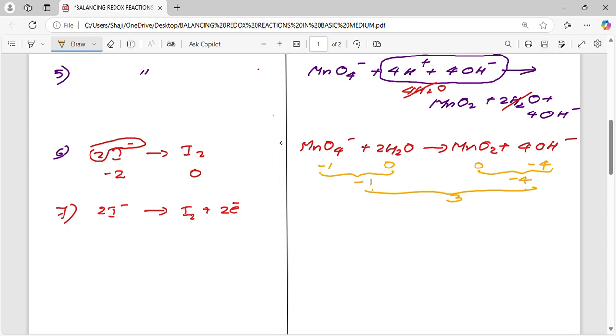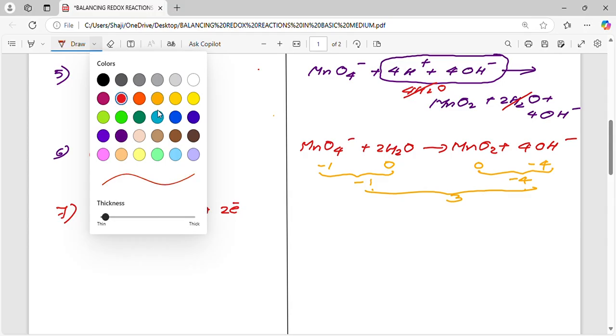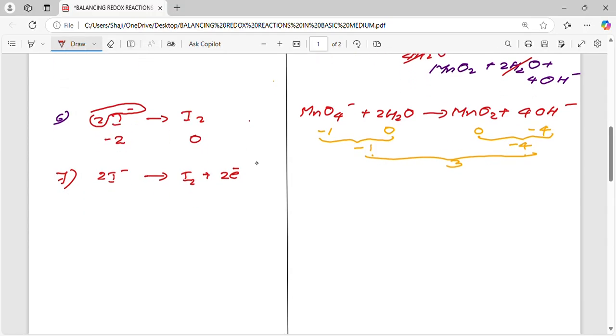To where we need to add electrons? To where there is less negative charge. Less negative charge is there in the left side, because 1 minus only in the left side. If you are adding 3 more electrons, the charge in the LHS will become 4 minus. So the seventh step will be like this: MnO4 minus plus 2H2O plus 3 electrons gives MnO2 plus 4OH minus.